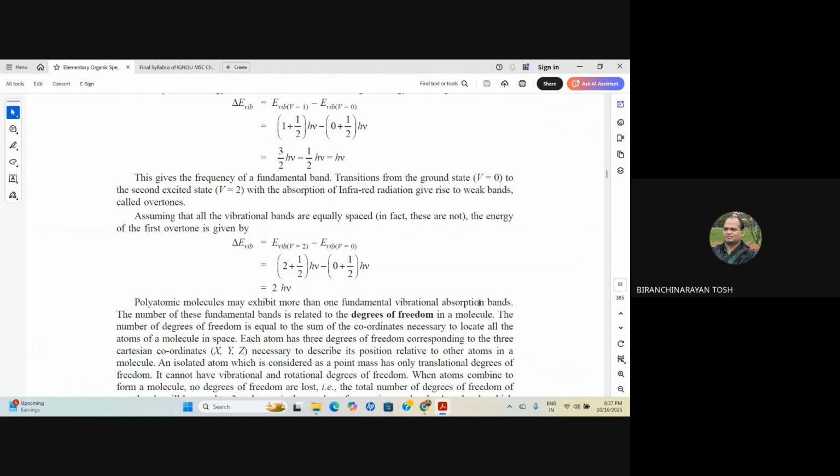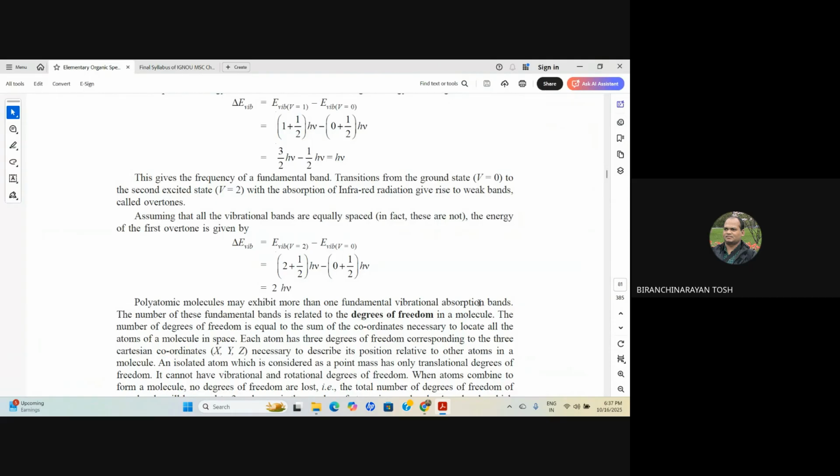You know it will have translational, rotational, and vibrational. The translational motion can be expressed by the x, y, and z axis, so 3 degrees of freedom due to translational motion.